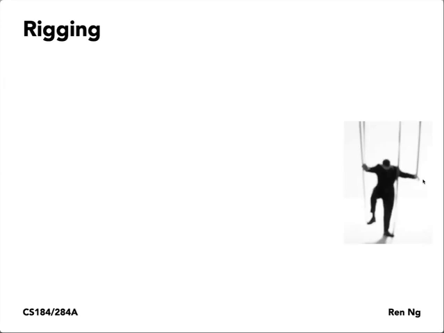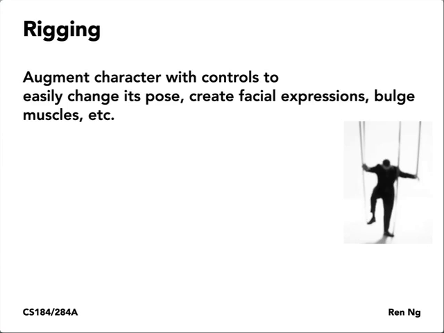And rigging is really a set of techniques and engineering tools that have been developed in character animation very pragmatically to enable folks to control characters more intuitively and with higher level function.